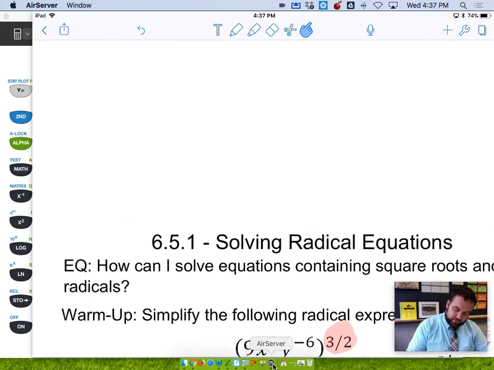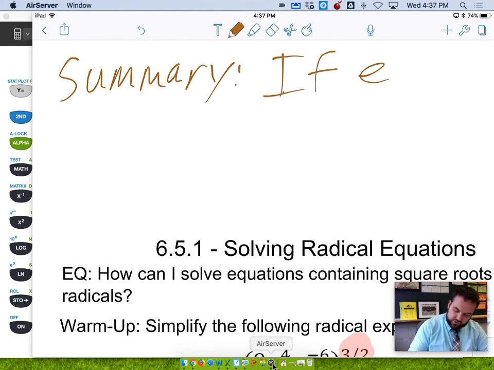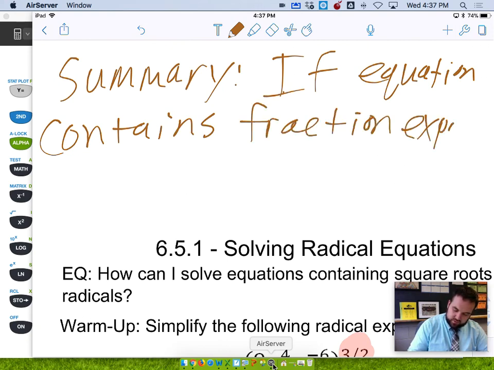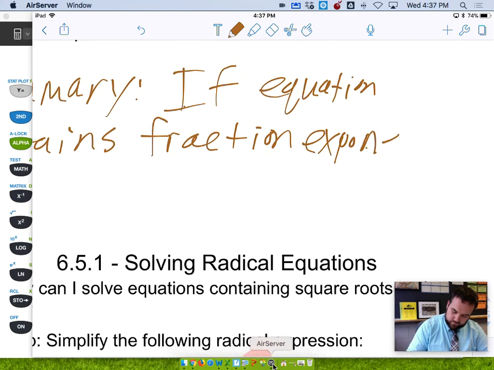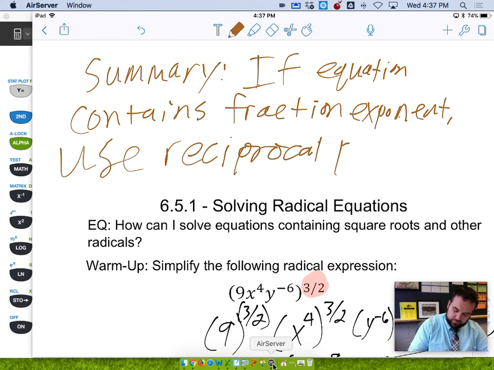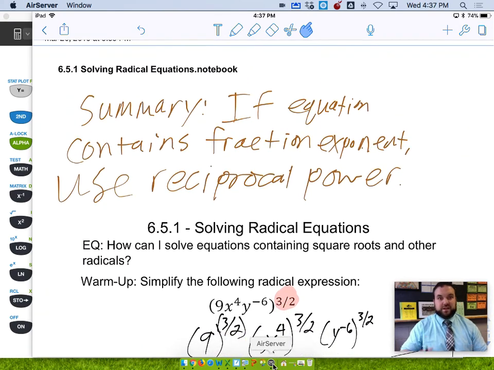I think this can be summed up pretty succinctly as just to say, if an equation contains a fractional exponent, then we are going to use the reciprocal power. And that's, again, oversimplified, but that's probably the big thing from the lesson that is what makes this new compared to previous learning.